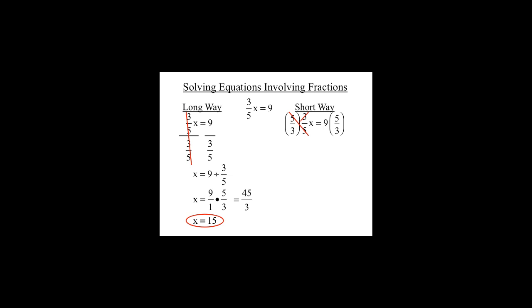My 5's cancel out, my 3's cancel out, and I'm left with 9 times 5 over 3, which is 45/3. Or if you cross cancel, 3 divides into 3 once, and 3 divides into 9 three times, and so it's 15. X equals 15. Now you can check your work by plugging that number into the equation, and both sides of the equation should be equal.